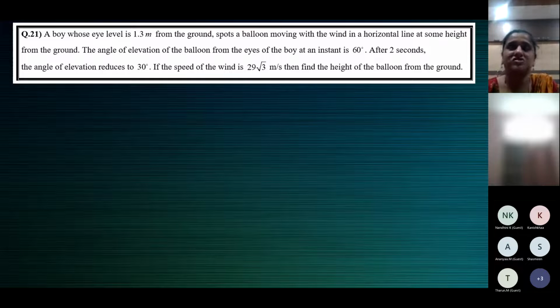You need to read the question 2-3 times and understand the question very clearly. That's how you practice for the exam. Here, the ground level is different from the horizontal line through the eye of the observer. If the height of the boy were not given, then the ground level and the horizontal would be the same.